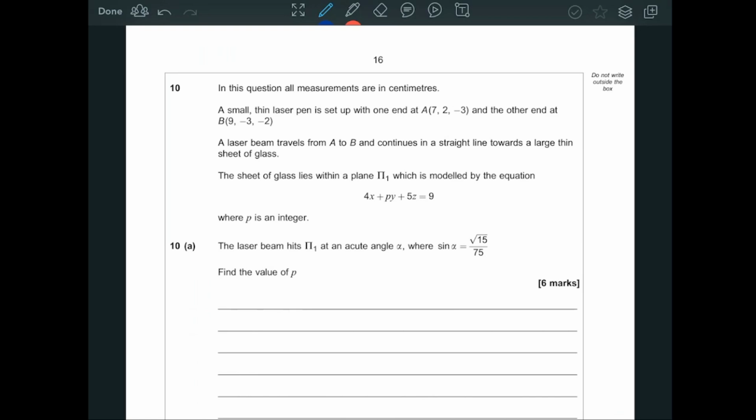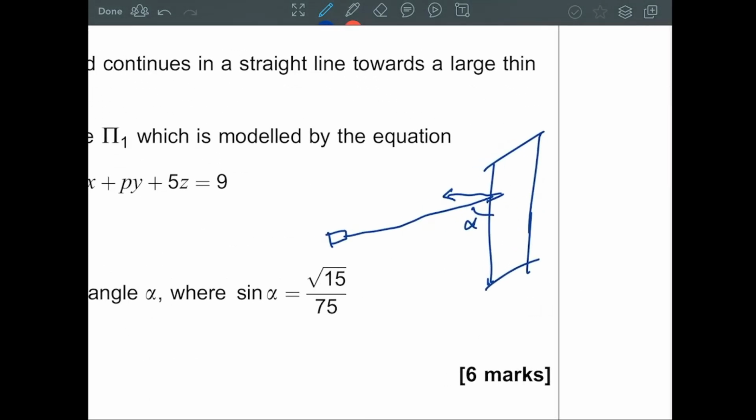Okay, so really this question is telling you about the angle between a line and a plane. We have some sheet of glass, and we have our little laser pen shooting that beam at the glass, creating some angle here, alpha, with the glass.